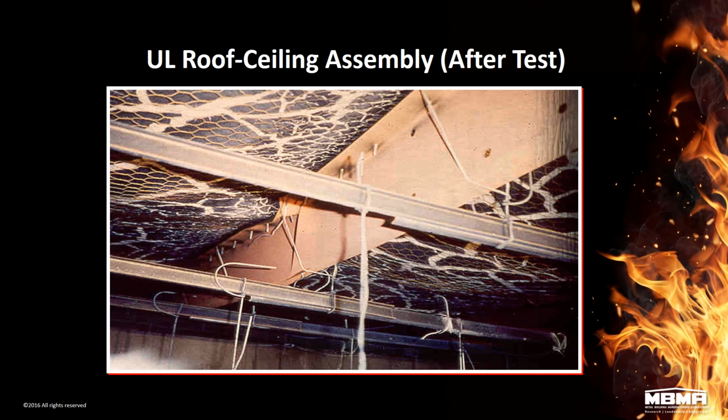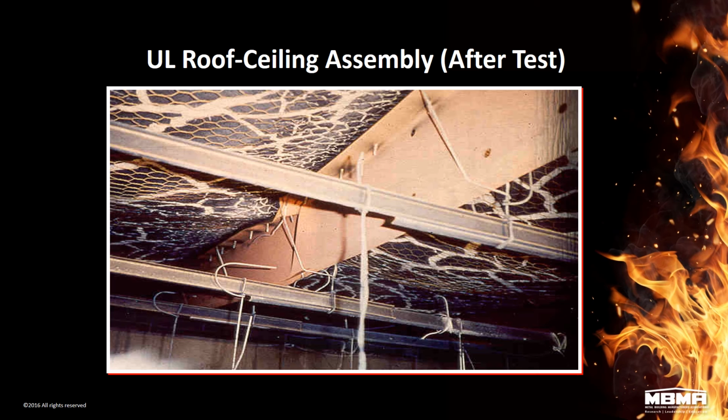Now we've placed this nice looking finished assembly on the furnace. It's subjected to a 1-hour standard fire, and this picture shows what it looked like after the test. This is a view of the underside of the roof, but above the acoustical ceiling tiles.